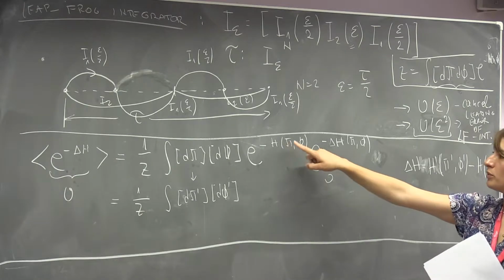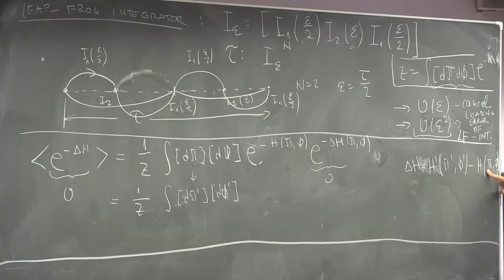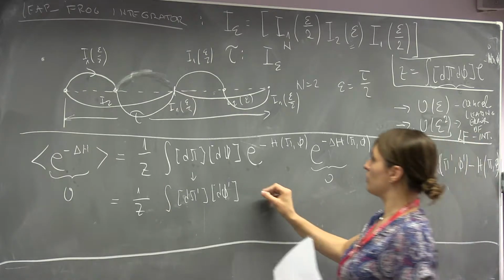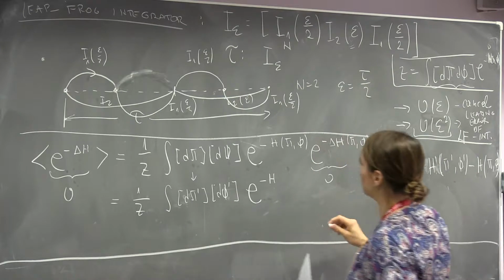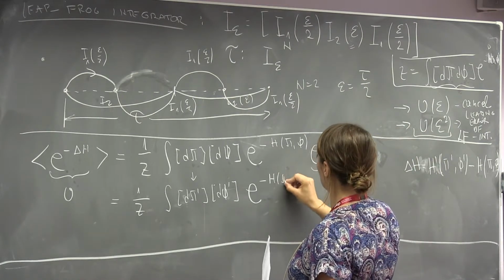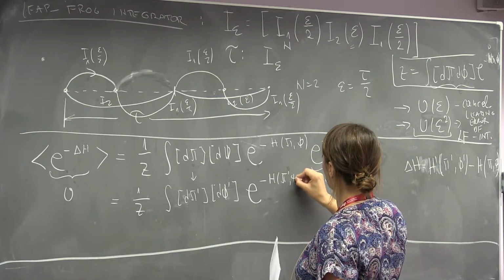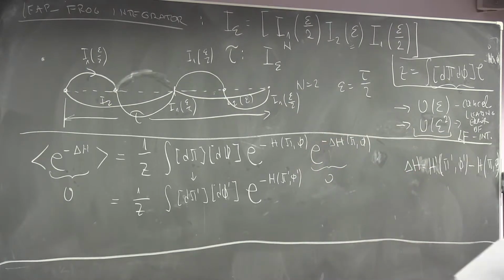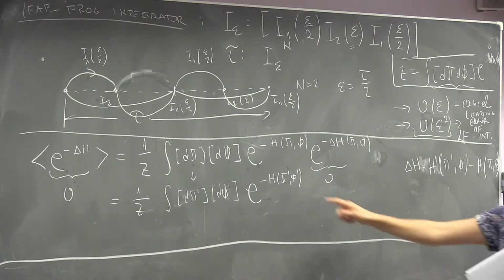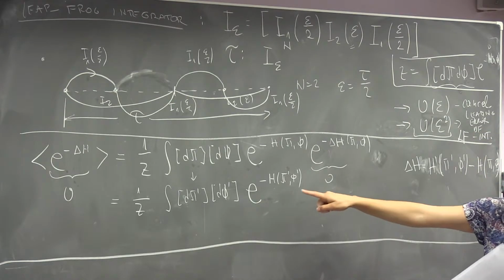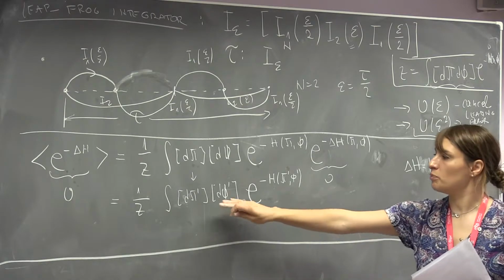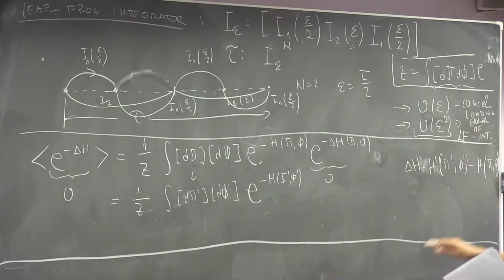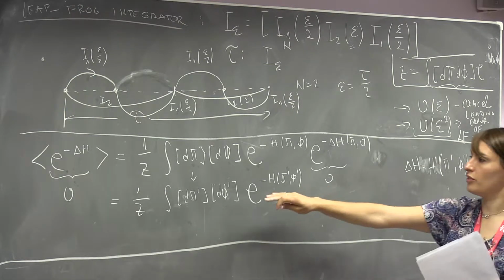Then here in the exponent, this term will cancel, and we will only have e to the minus Hamiltonian of phi prime, where, as you can see, if we perform the change of variables, this is nothing but the original definition of our partition function.